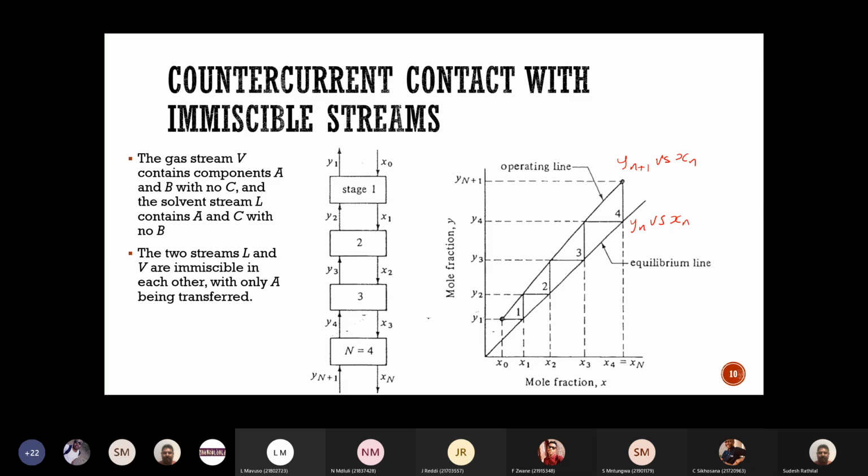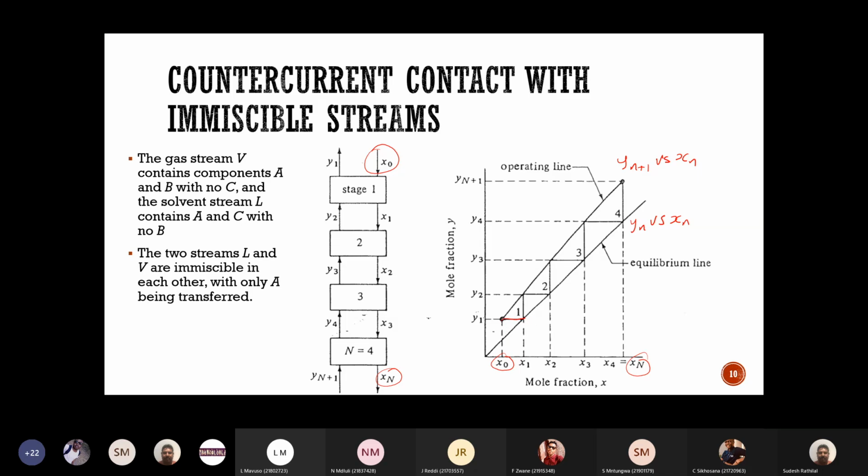Once you have that, if I want to go from a composition x0 and reach composition xn, then we use a step-by-step stepping process to work out the number of stages.